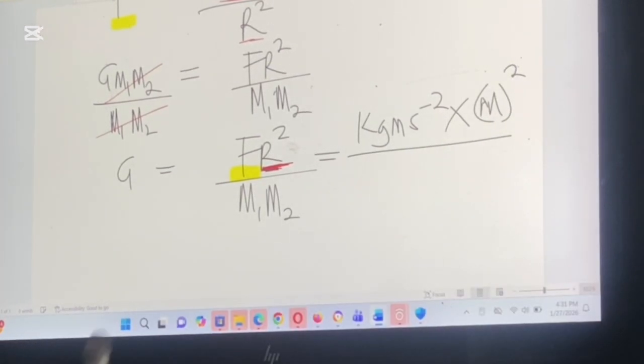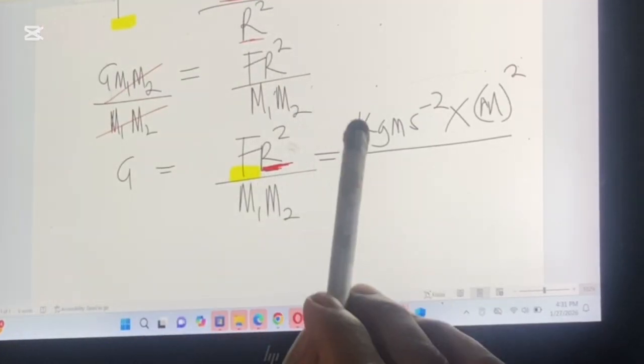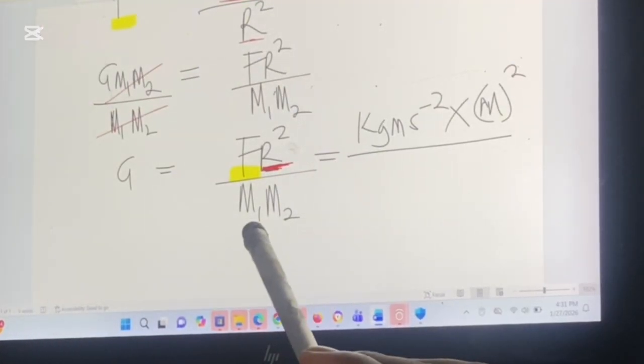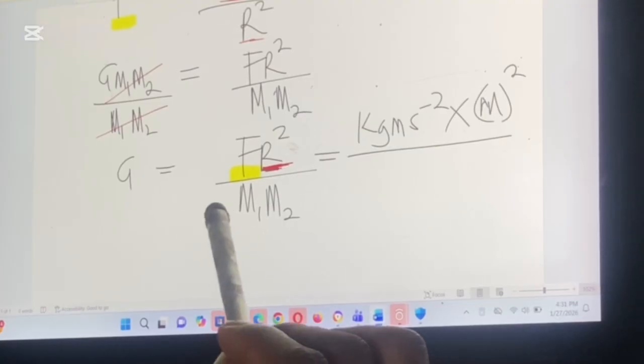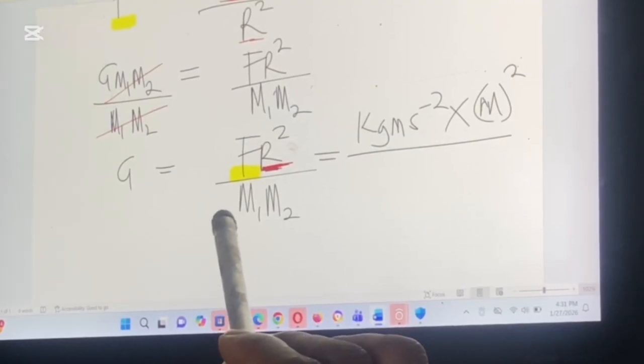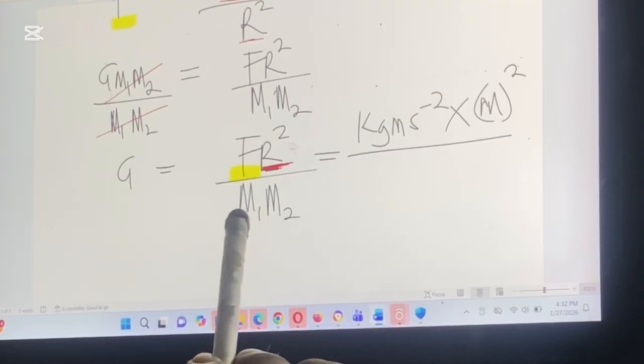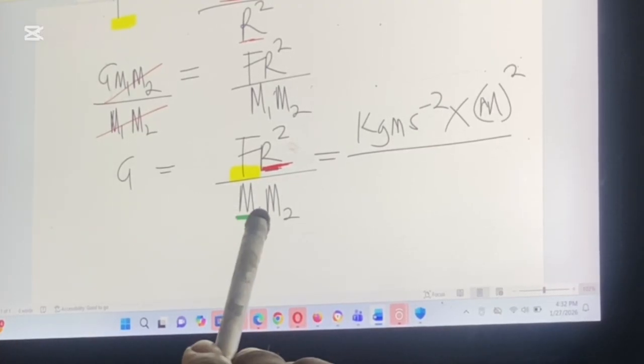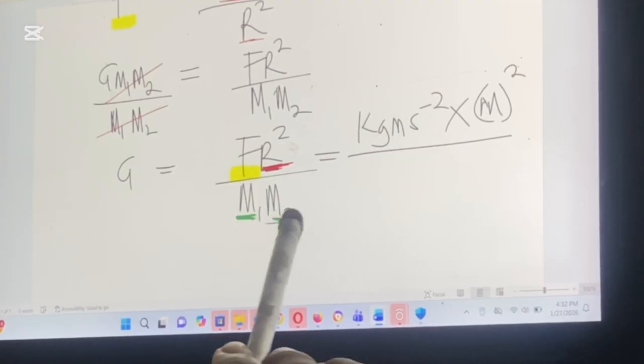Over mass. In fundamental quantities, we only have one mass. We don't have anything like mass 1 and mass 2. So this mass 1 is the same as mass in fundamental quantity, and this mass 2 is the same as mass in fundamental quantity.